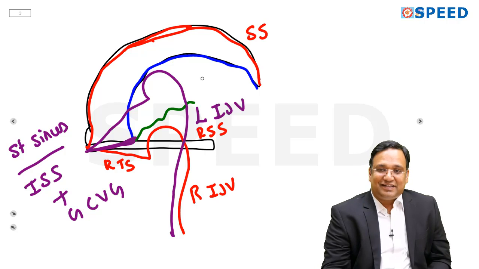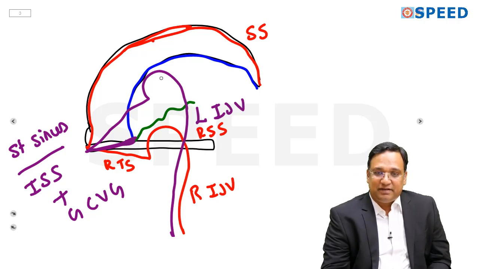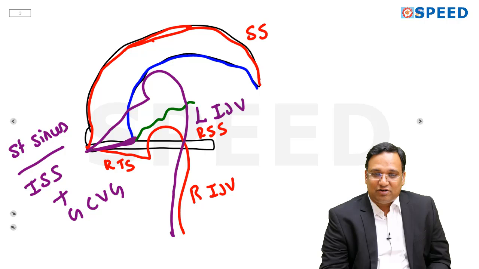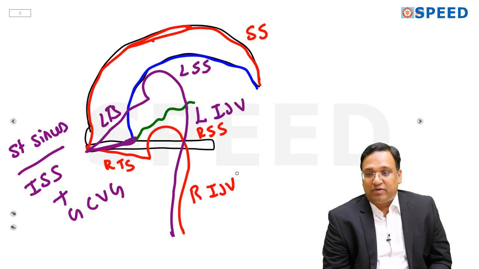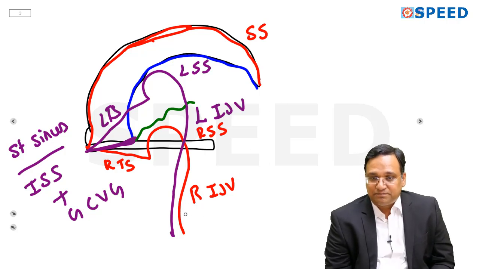The inferior sagittal sinus runs in the inferior aspect of the falx cerebri, ends at the tentorium cerebelli, joins the great cerebral vein of Galen, and becomes the straight sinus. The straight sinus goes to the internal occipital protuberance and becomes the left transverse sinus, then the left sigmoid sinus, which continues as the left internal jugular vein. Very clear? Now you know how the right and left internal jugular veins are formed.